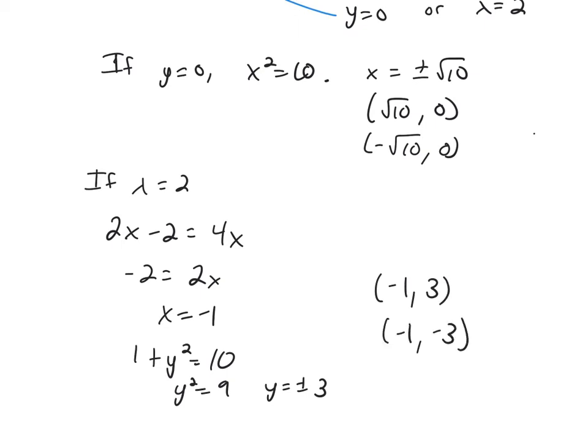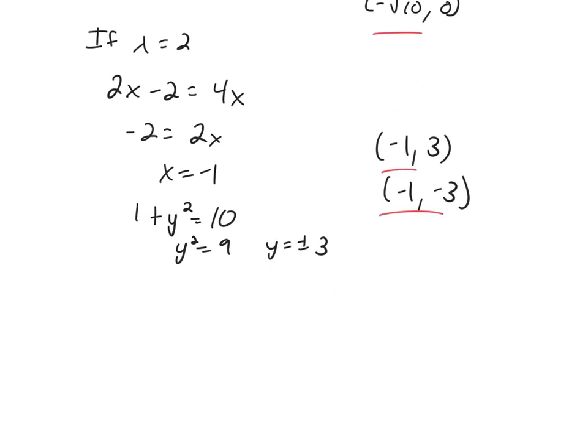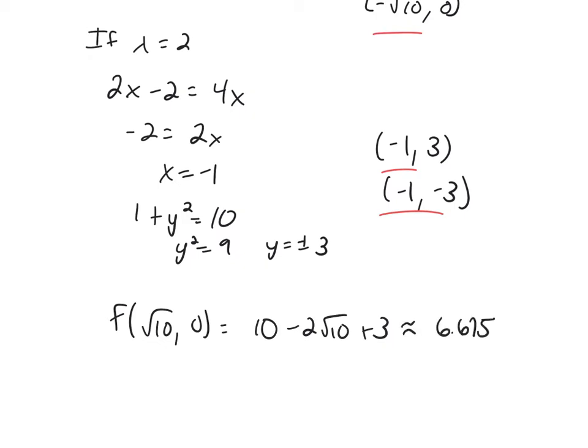So I get 4 points here, and I need to plug all 4 of these points into my function f and compare the values. If I plug in square root of 10 into f, you'll get 10 minus 2 square roots of 10 plus 3, which is approximately 6.675.